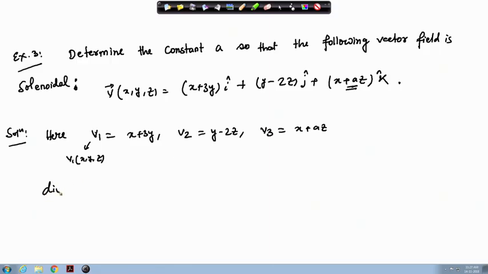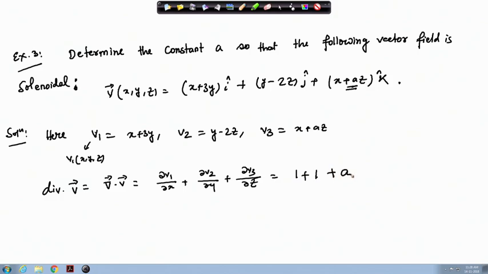Now, we calculate the divergence of V. Divergence of V is nabla dot V, and this will be del V1 del x plus del V2 del y plus del V3 del z. So, del V1 del x would be 1, then del V2 del y is again 1, and del V3 del z is a. So, that means we have a plus 2.